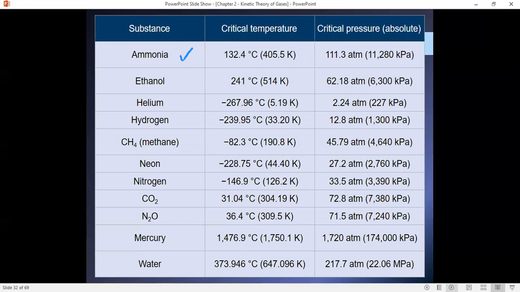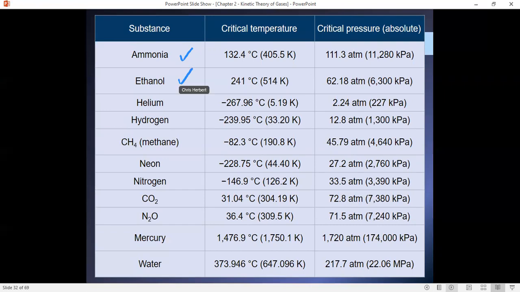And one of the reasons why it was such an effective refrigerant is because of its ability to change phase at a fairly low pressure. The only problem is it had a tendency to blow up. So it was replaced with fluorocarbons later on, which were less reactive than ammonia.